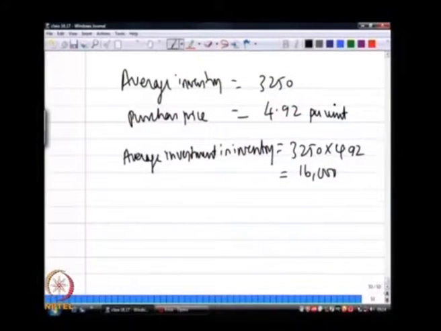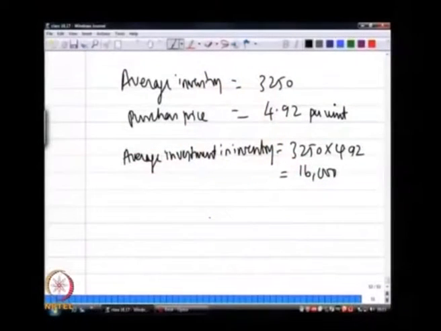If the question is what is the average working capital requirement, it is average inventory times the purchase price, and then the cost of financing that working capital is also calculated. That is a different subject matter by itself, but this gives you a data point that with average inventory I can also calculate my average investment required in inventory, which is 16,000.